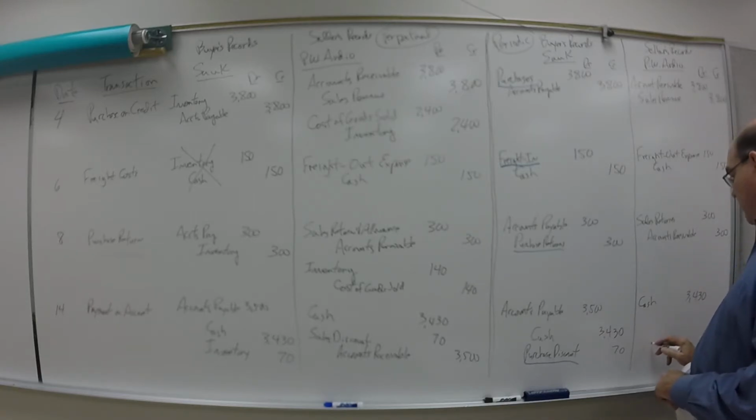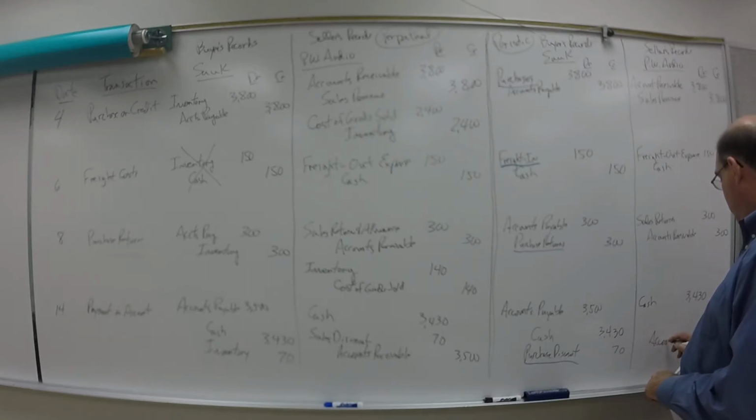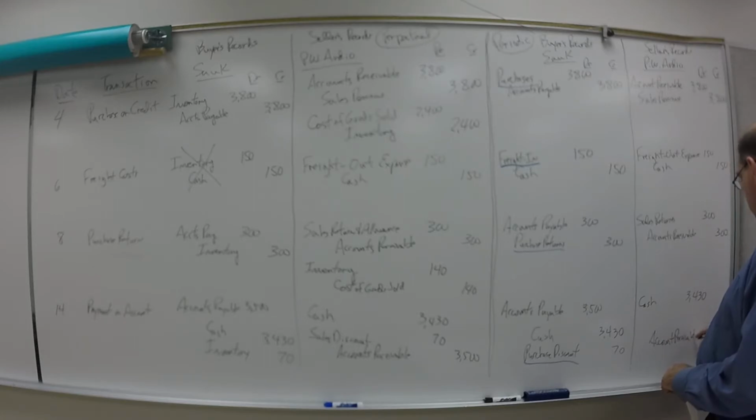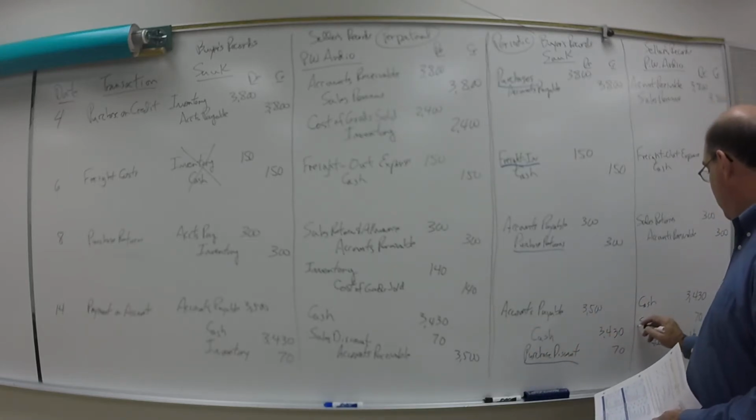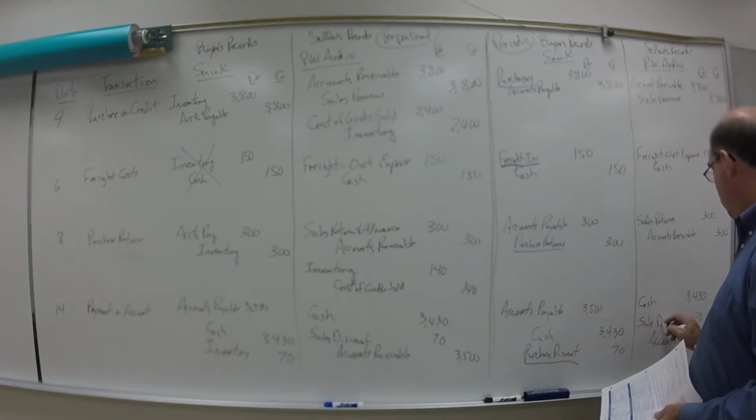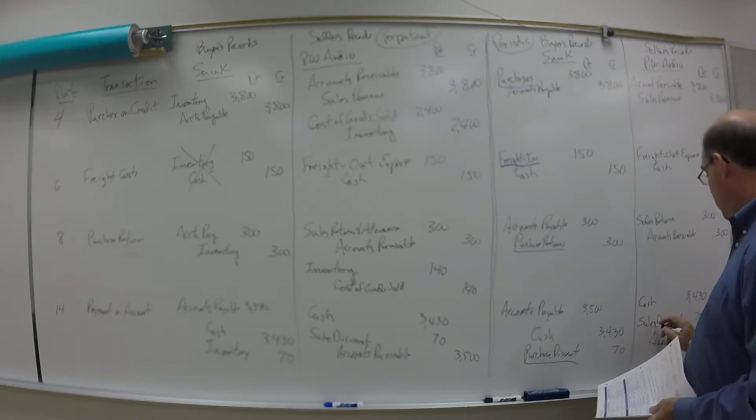We no longer have the accounts receivable for $3,500, and then the difference between that is the 70, and again that 70 is a sales discount. It's part of the cost of selling. So we record the same entry that we had there. Sales discount.